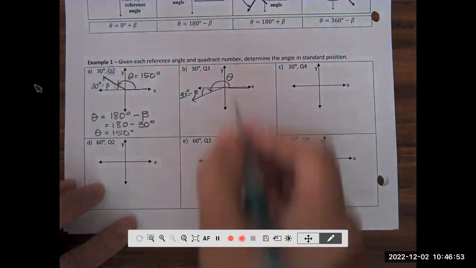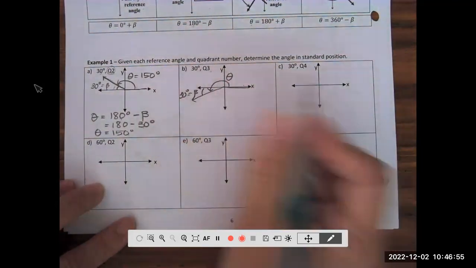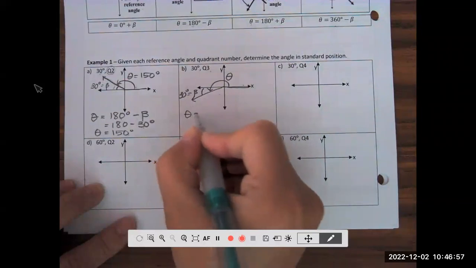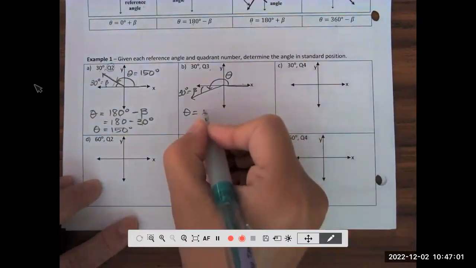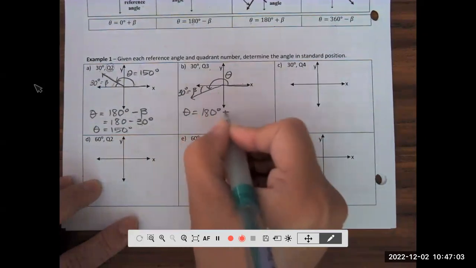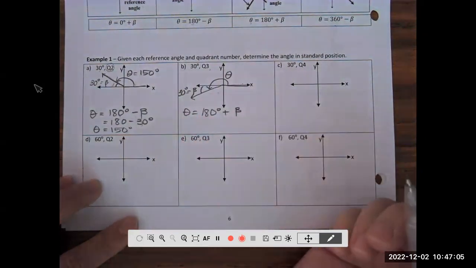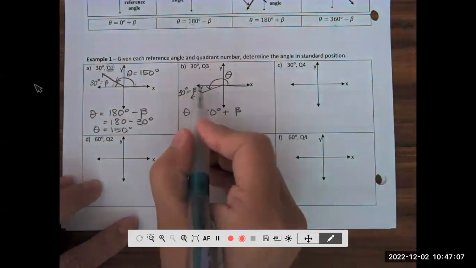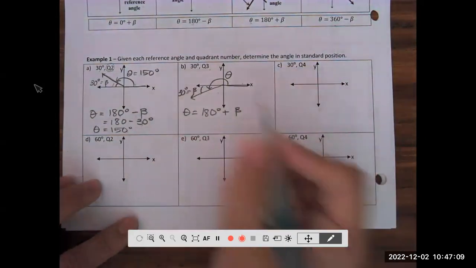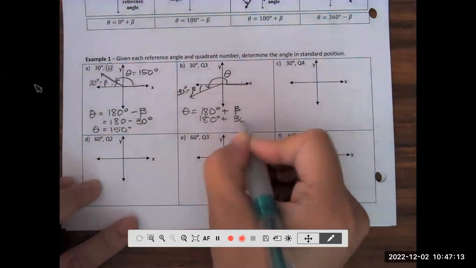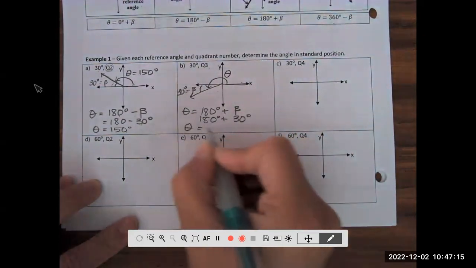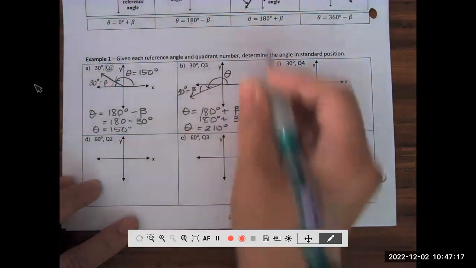Okay? Can someone tell me, how do I find out angle theta? What math am I going to do? Yeah, plus beta, right? Because I want the straight line plus this little acute angle. So theta is going to be equal to 210 degrees.